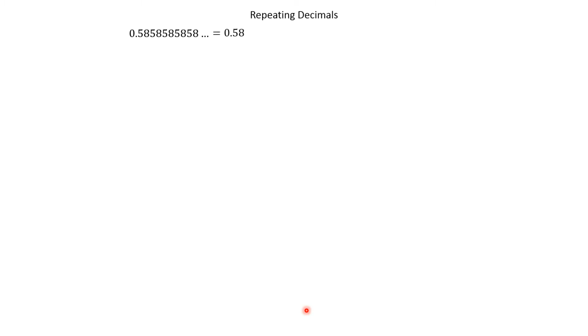That's 0.58 plus 0.0058 plus 0.000058 plus 0.00000058. So we just keep adding 2 zeros because we have 2 digits that are repeating. That's why it's 2 zeros. If we had 3 repeating digits, it would be 3 zeros each time. If there's only 1, we'd just be adding 1 zero each time.